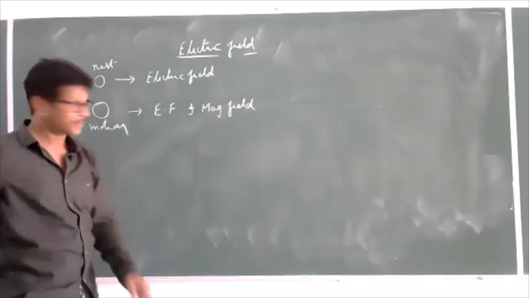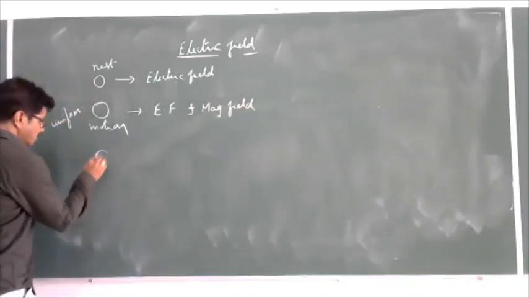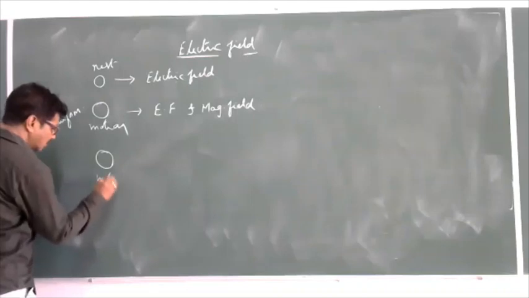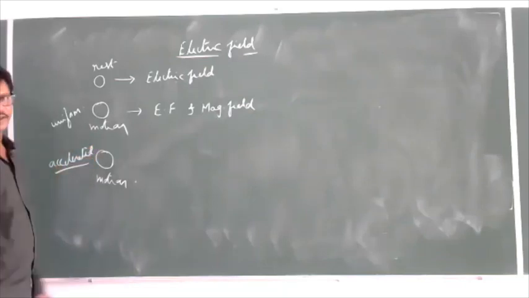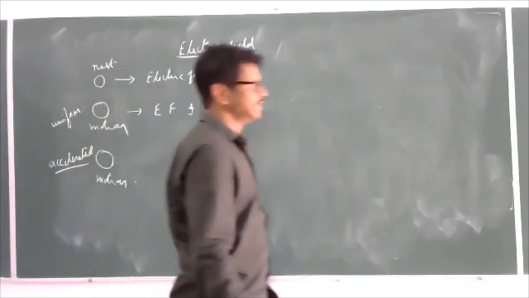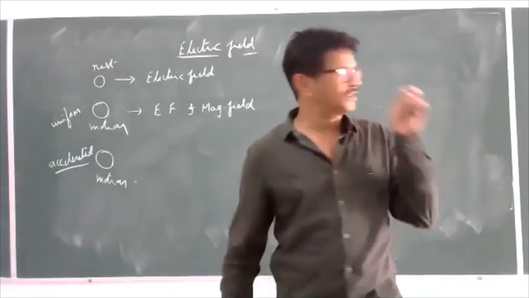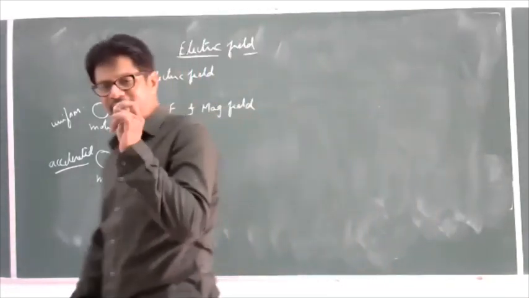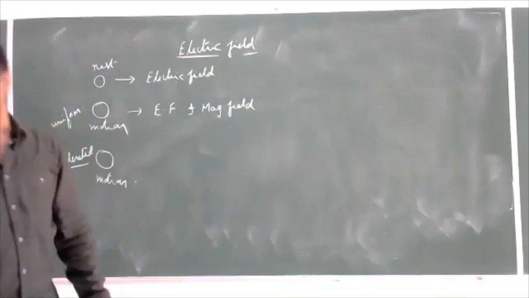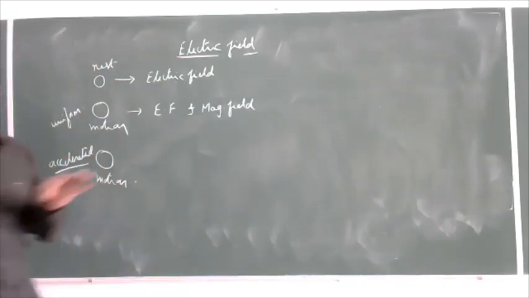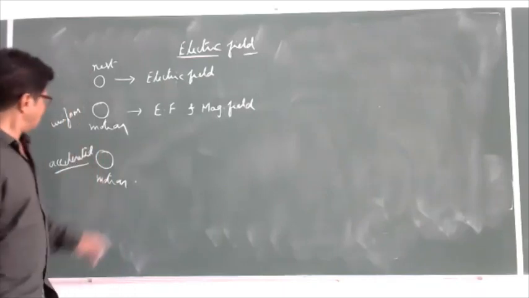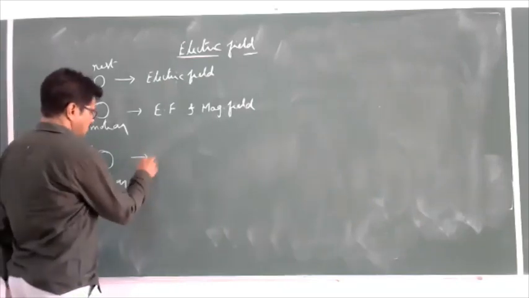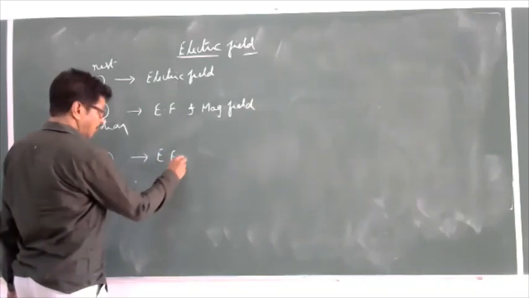Whereas if the same charge is in motion, but this time the motion is accelerated motion, that is, whenever a charge is moving with a certain acceleration, it will produce electric field, and magnetic field also.